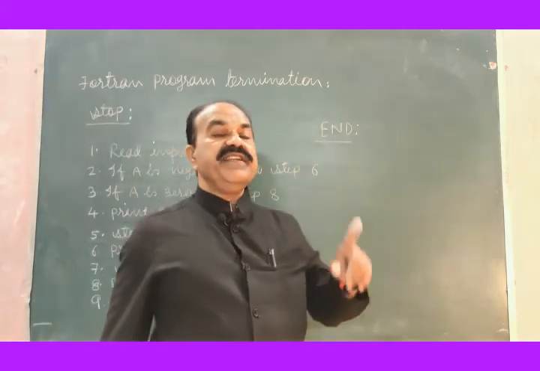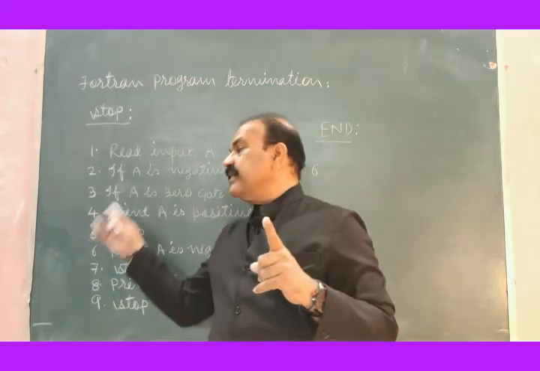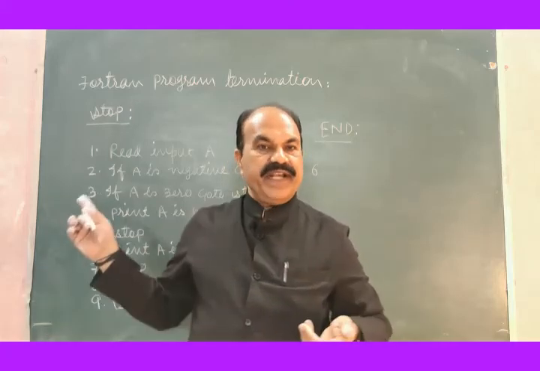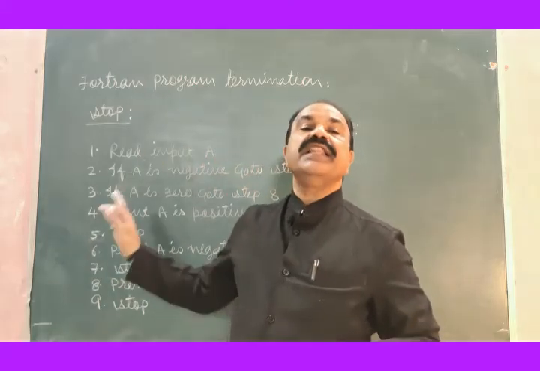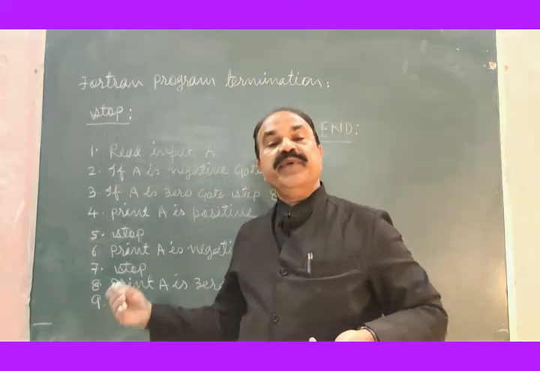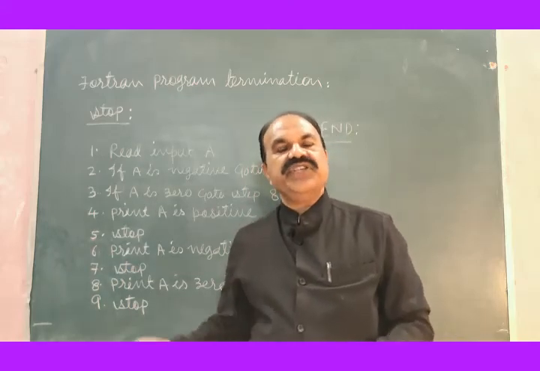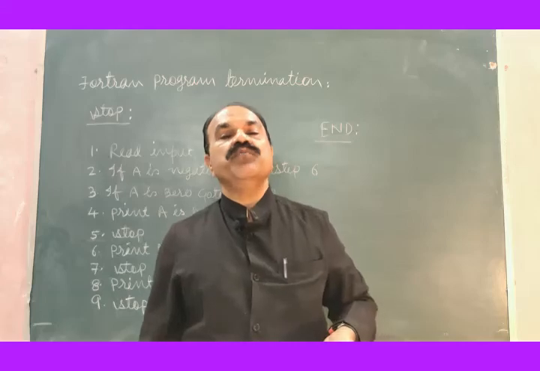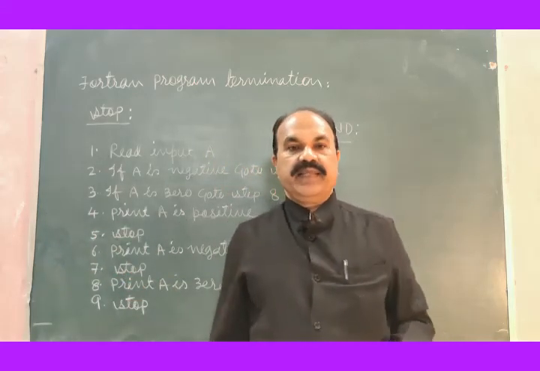The end statement is used only once in a Fortran program, whereas the stop statement may be used more than once depending on the task. It may be placed anywhere in the program. Of course, these things will be decided by what task you are going to perform using that program.